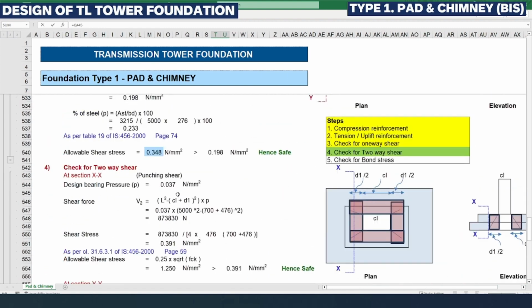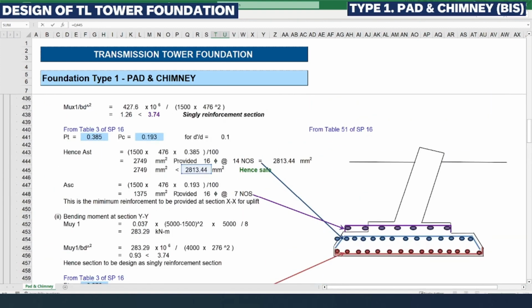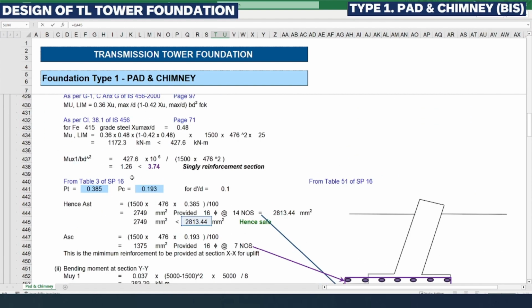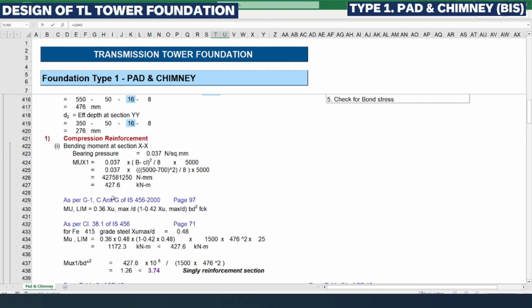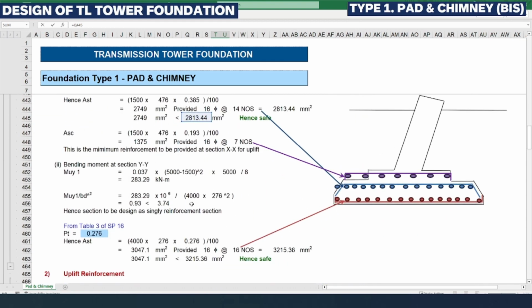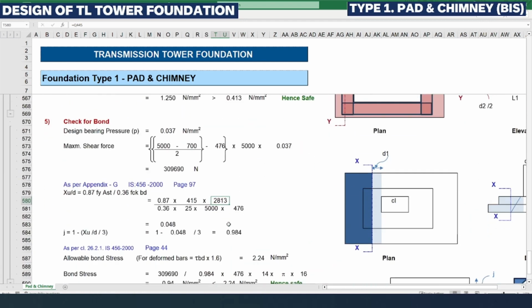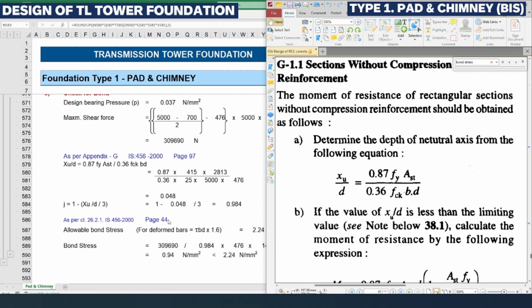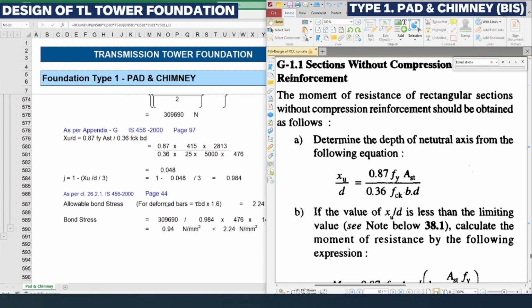So this 2813 we had considered as per the reinforcement calculation for the compression reinforcement zone for the critical section XX, 2813.44. By applying all these values to that equation, we are getting XU by D, that is the neutral axis depth factor, as 0.048.